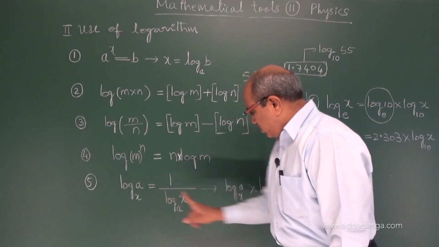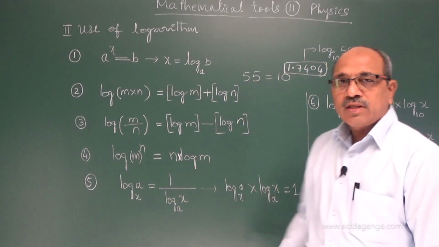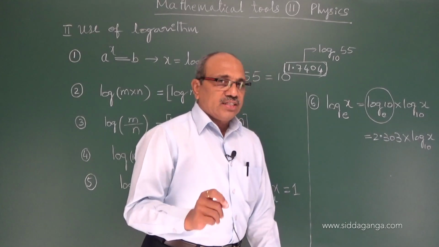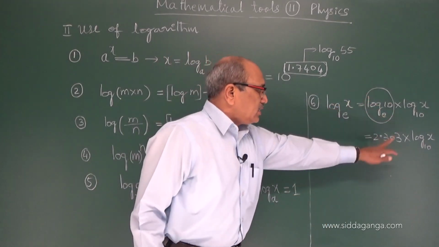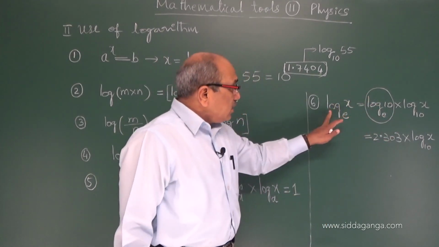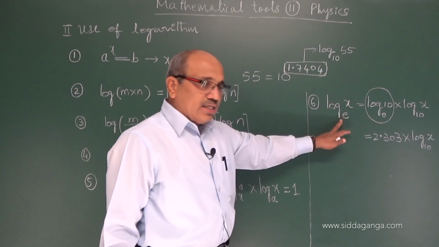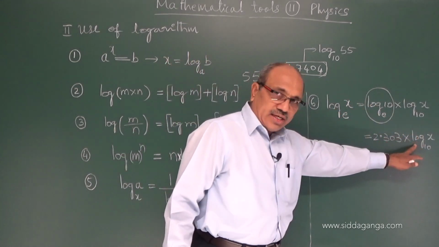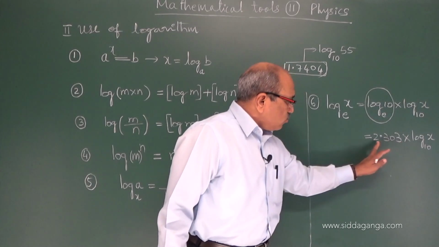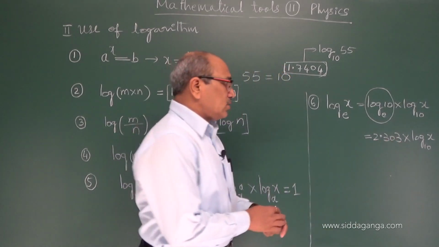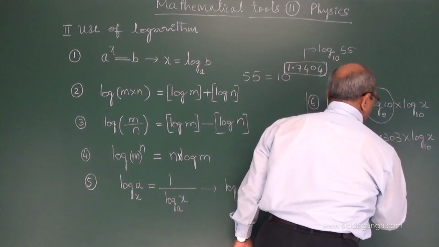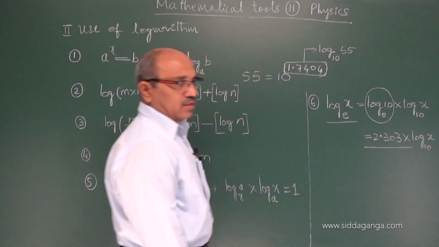Log of x to the base a into log of a to the base x is 1. Log of 10 to the base e is 2.303. If anything is given to the base e, it can be converted to base 10 by multiplying with 2.303. This term is also very importantly required in physics.